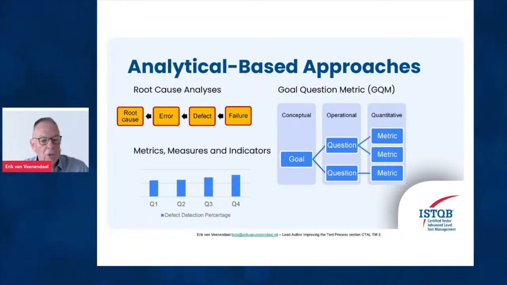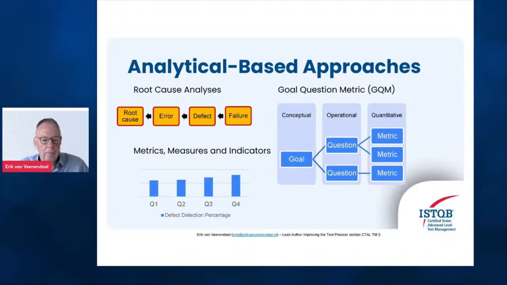If we look at analytical-based, there are basically three methods that we're trying to teach. Maybe familiar, maybe not familiar. We will talk about root cause analysis: there's a failure somewhere, a bug. So what's the defect? What's the error? You know all these things from foundation, hopefully. And basically, what is the root cause? So what are the things you have to address to prevent the failure from happening in the future? We'll talk about metrics, measures, and indicators. Metrics is about what do we measure?